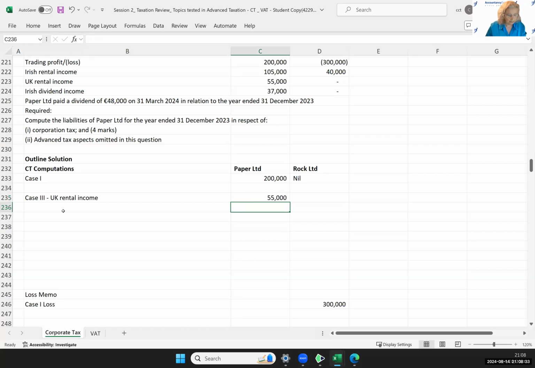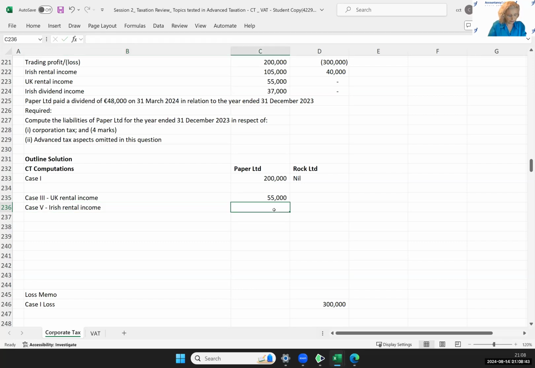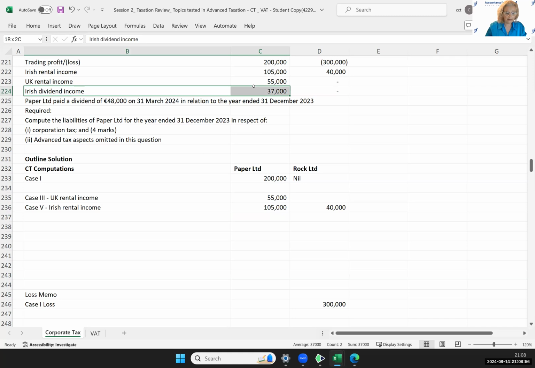In paper, then case 5, Irish rental income, 105, and 40,000. Irish dividend income, is that taxable?